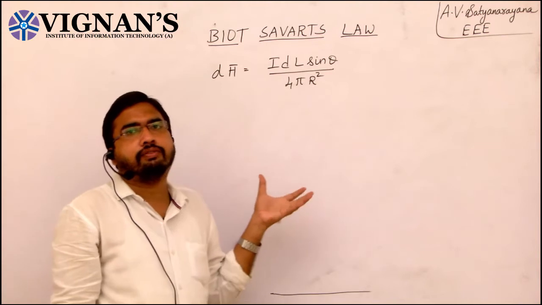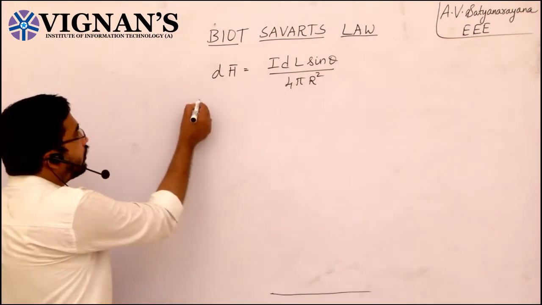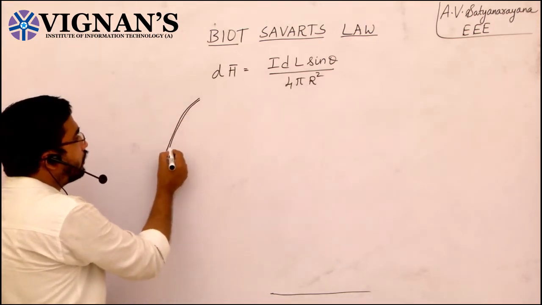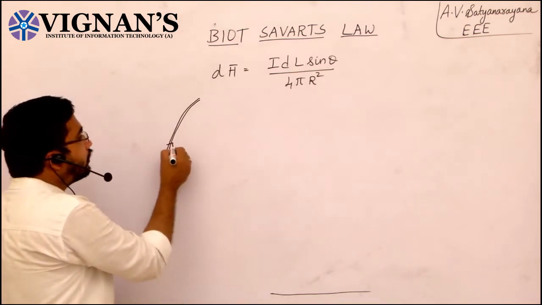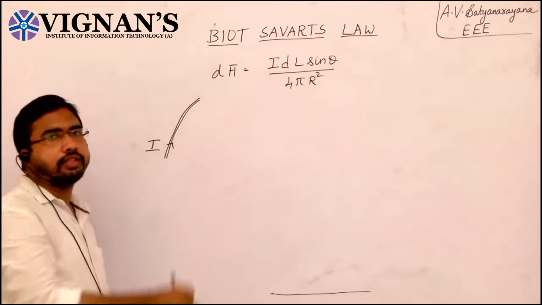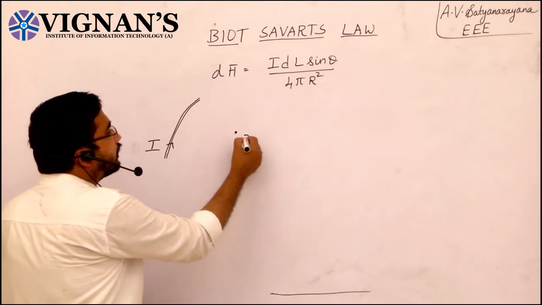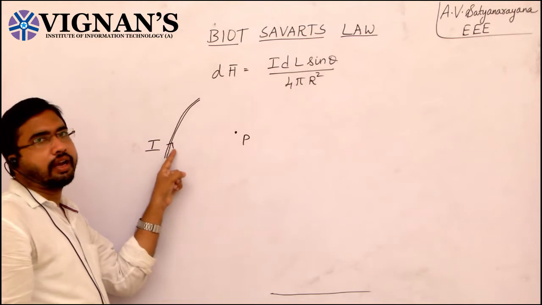That means the vector form of this Biot-Savart's law is given as follows. Consider a current carrying conductor of some length capital L. The current flowing in this conductor is I. I need to find the magnetic field intensity at this point P due to this current carrying conductor.